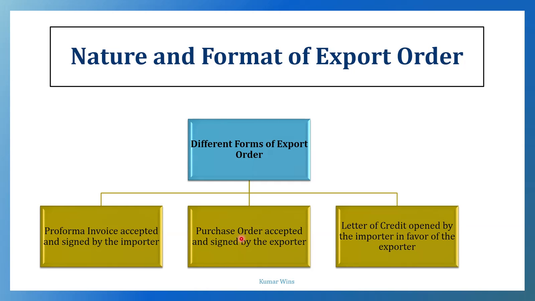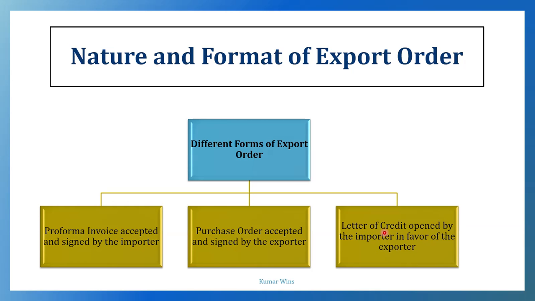But at the same time, I need to ensure that my payment is secured and I am not a victim of fraud. The question is how to ensure that my payment is secured. Here this letter of credit comes into the picture.